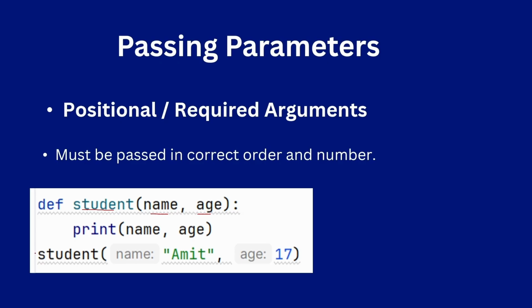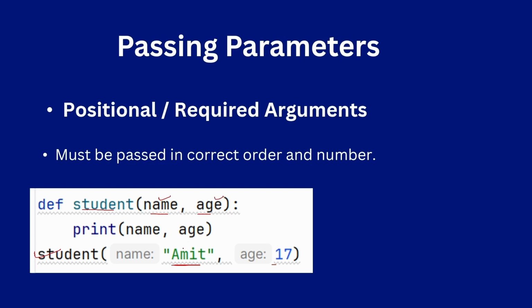When we are calling this function student, we are passing these arguments: name is Amit and age is 17. In the first position we write Amit, and here we write 17. Since Amit is at the first position, name becomes Amit and age becomes 17.